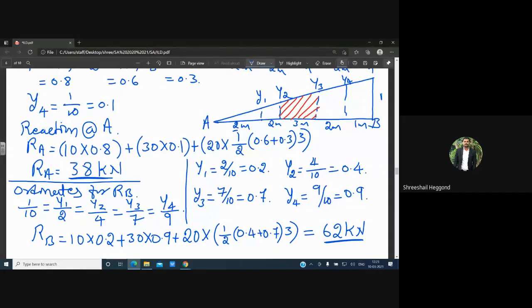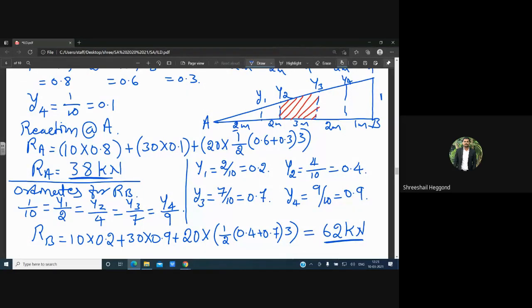With respect to that only, we are going to draw the ILD. Therefore, the shear force is asked for the point D, where the starting of UDL is. At that point the shear force is asked.